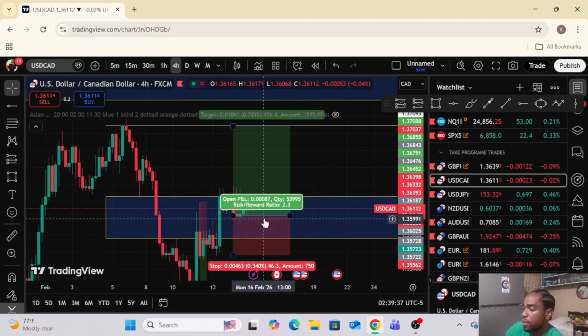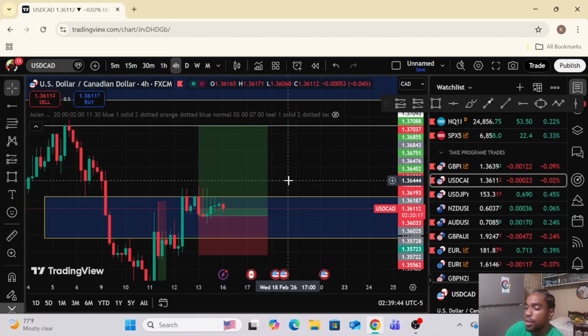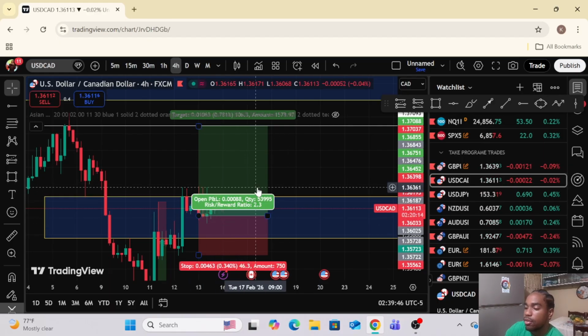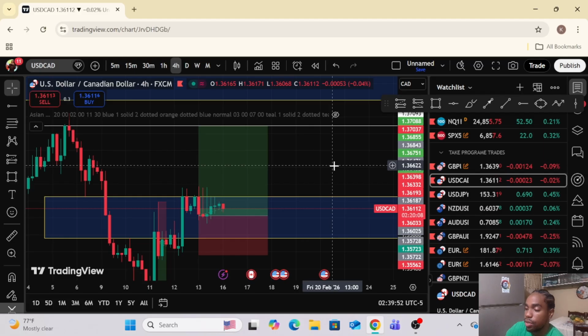And you could see, well, of course, today is Monday. We're kind of toying around in the entry area. And of course, if we were to take that trade, it would be a 1:2.3, which is really good.